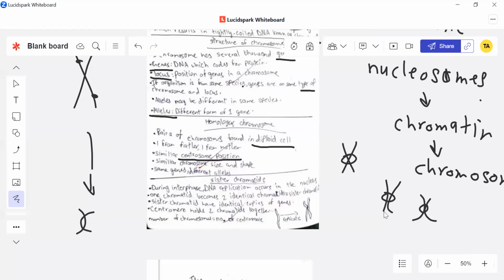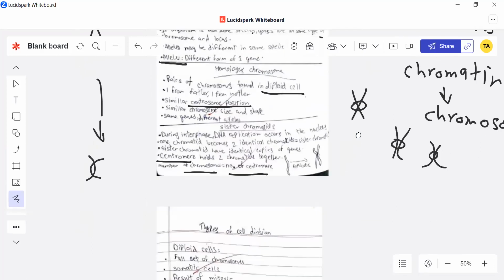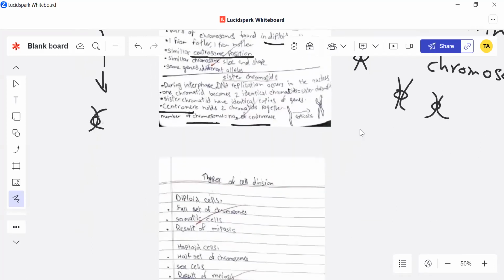And the thing that is holding these two chromatids together is the centromere. The centromere holds two chromatids together, and the number of chromosomes equals the number of centromeres. So the number of chromosomes will be the number of centromeres that you have.